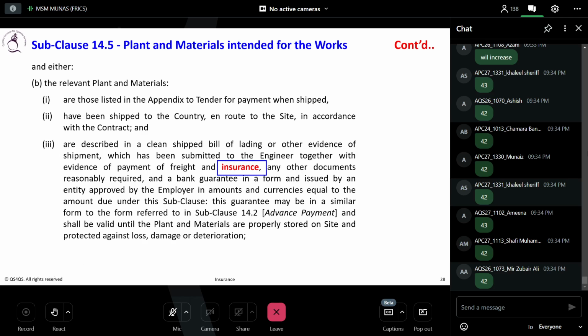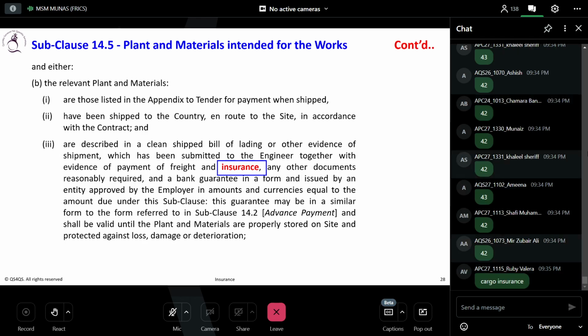Any material not on site, or out of the country or out of the project, should have insurance. That is called material offsite insurance. So this is insurance required if you have the provision to get paid for offsite material. Do you understand? So this subclause is needed.